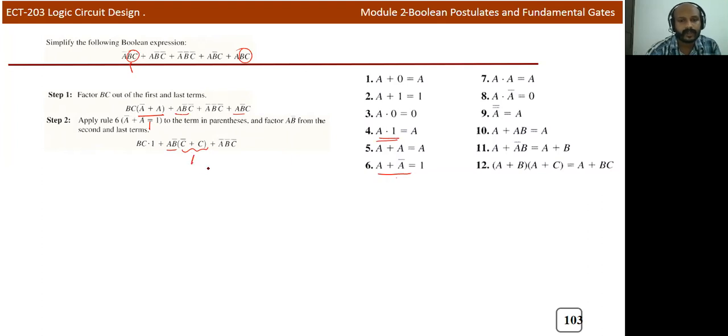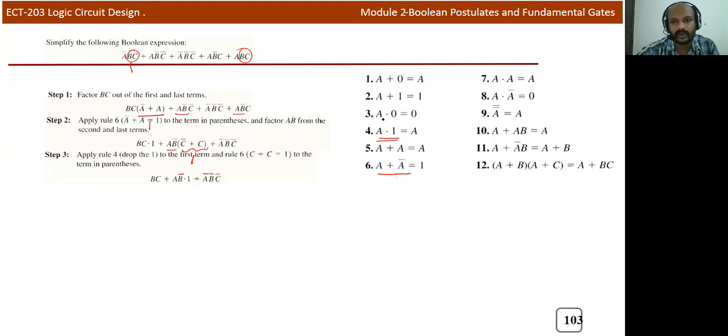Rule number 6 I can apply. If you apply rule number 6, the expression will reduce to bc plus a b bar into 1 plus a bar b bar c bar. Then something into 1 is equal to itself, again rule number 4, so you can drop that.